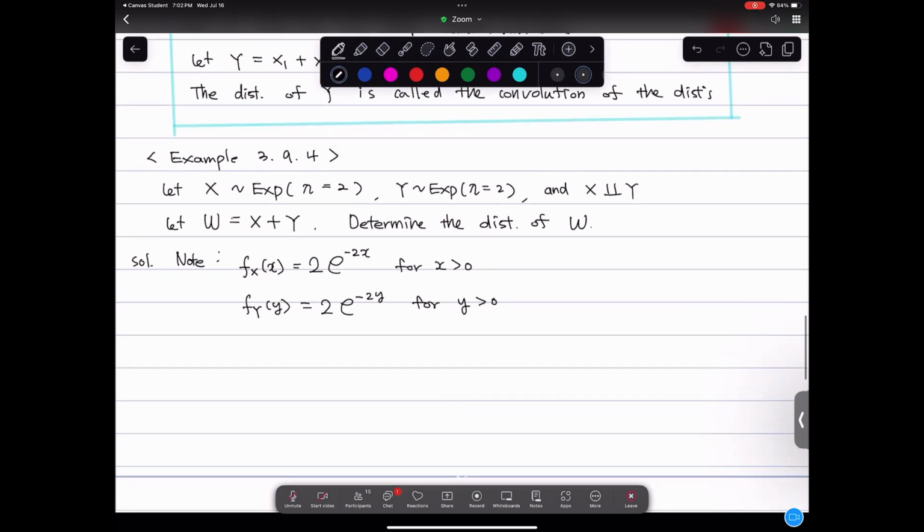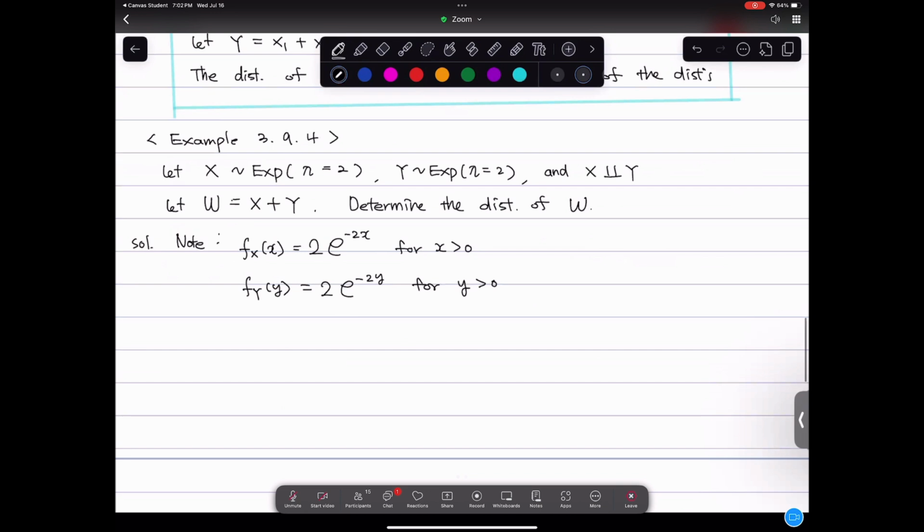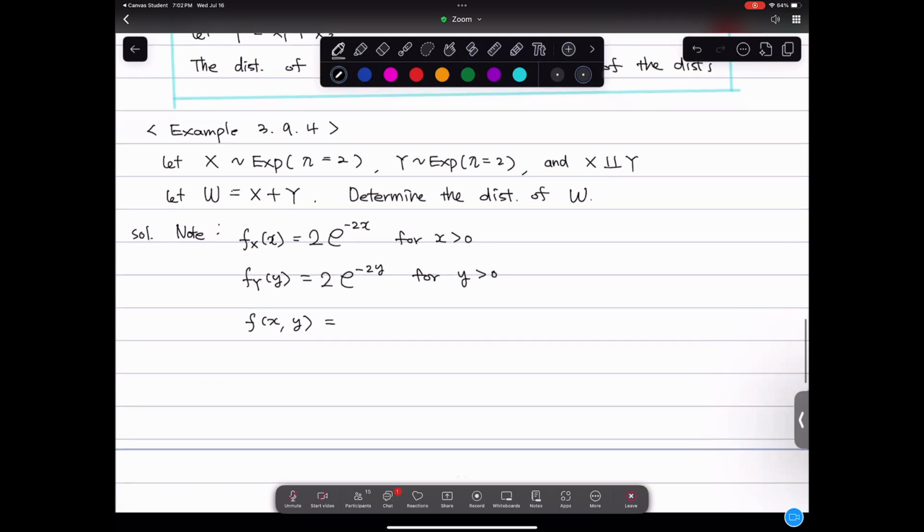Let me even do the joint. The joint of X and Y is the product of the two, since they're independent. So we have 2 e to the negative 2x times 2 e to the negative 2y, for both x and y being 0 or greater. That's the joint.